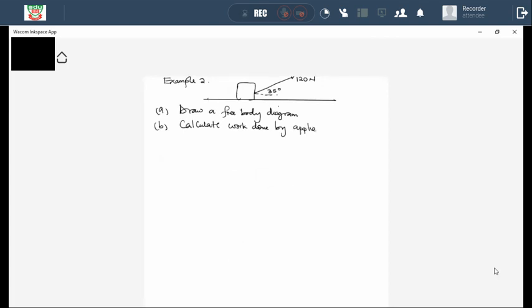I want us to deal with the issue of theta for now. That's why I'm only considering work done by force applied. Then when we understand the concept of theta, we can start including other forces like friction and others. Right. So my solution, very quickly, for item A, draw a free body diagram.